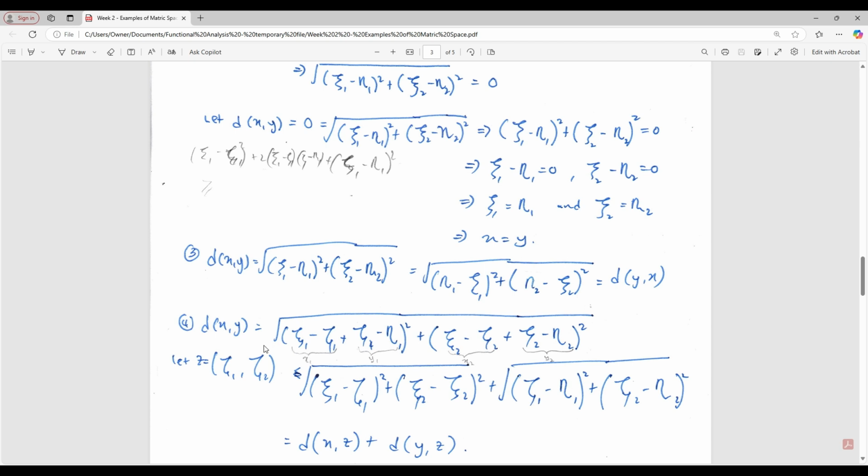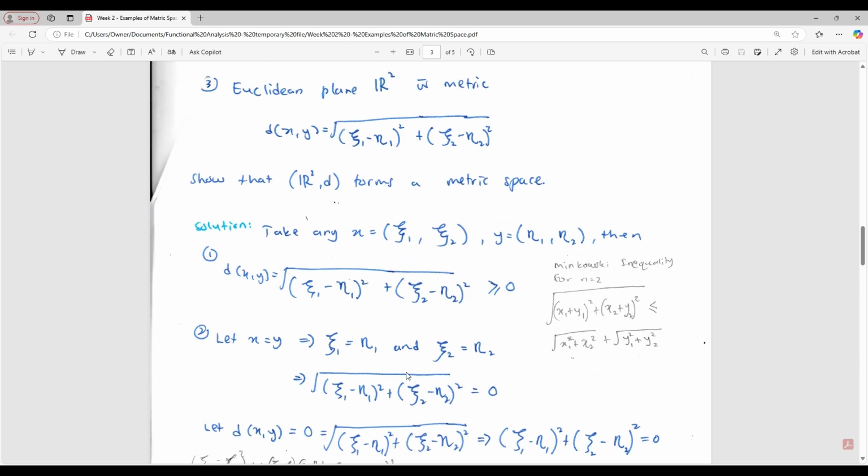The last one is the triangle inequality. For the triangle inequality, we are going to use the Minkowski inequality. Let us recall the Minkowski inequality for n equal to 2.